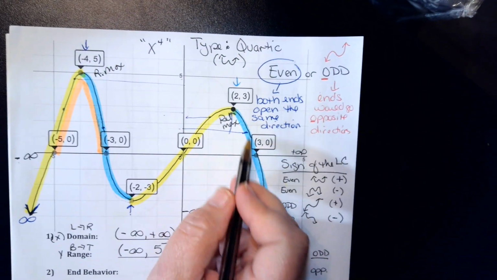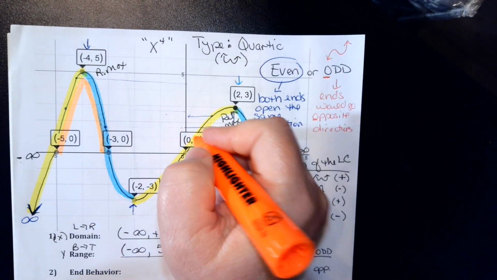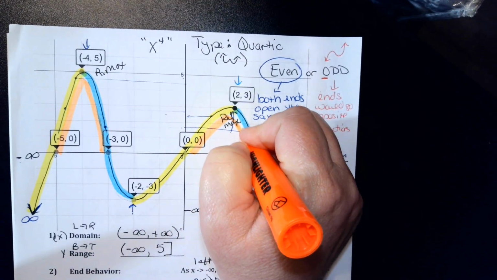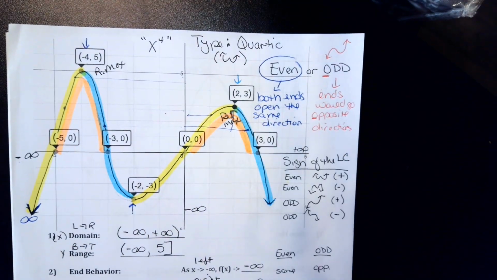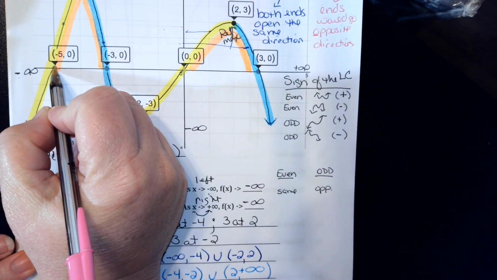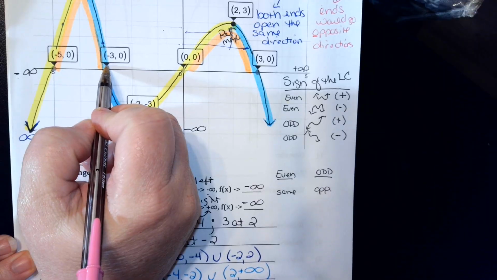So this interval right here is also an interval where f of x is greater than 0. Now these are bounded, so that makes it pretty easy. So let's see, let me come right here. All right, from what x value to what x value?